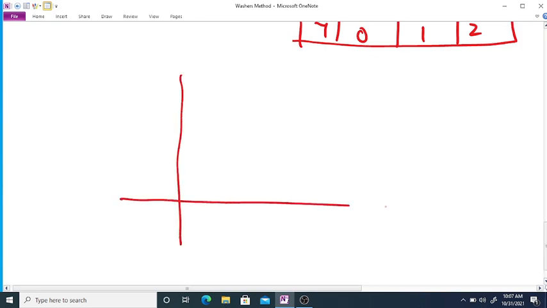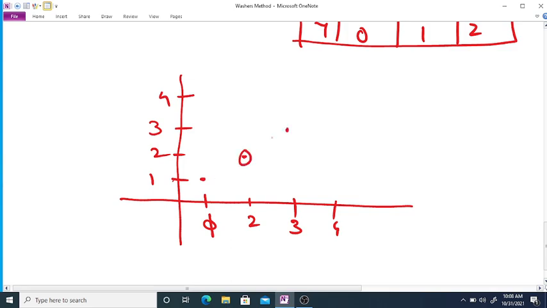if we draw the graph of these two functions using the above information, say here 1, 2, 3, 4, again here 1, 2, 3, 4, for y equal to x it is 1, 1, then 2, 2, then 3, 3. So this is a straight line passing through the origin, and for the parabola, for 2 it is 4, for 1 it is 1 and 0.